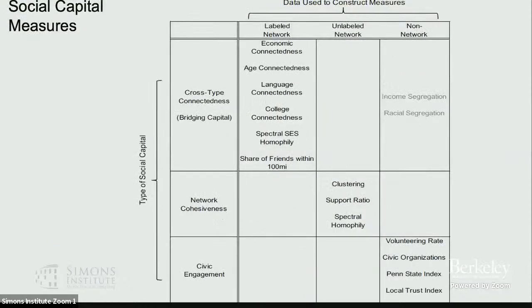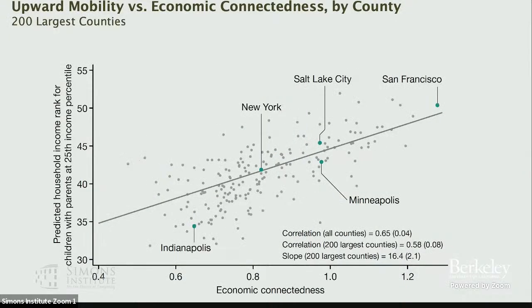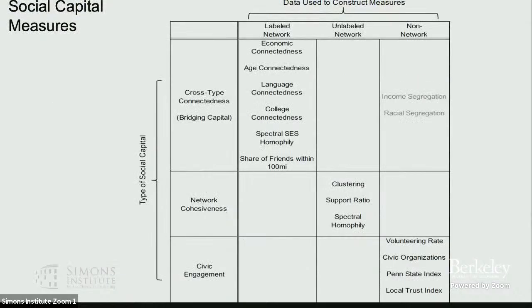Here what we're looking at is economic connectedness. You could think of lots of different graph measures you might want to look at in terms of the network. You've got the Facebook network, so what other kinds of things might you look at? Well, you could look at clustering measures, like how many completed triangles you see in the network.